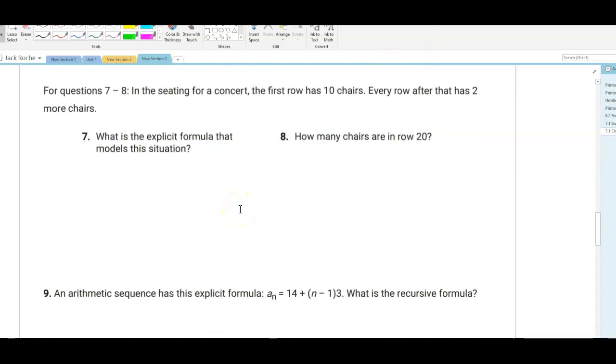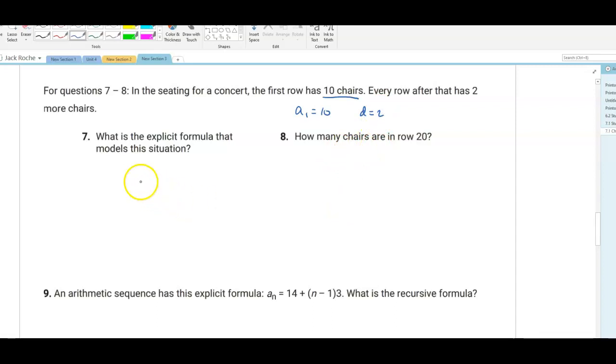So, for questions 7 and 8, all right, in the seating for a concert, the first row has 10 chairs. Every row after has 2 more chairs. So right away, what is my first term going to be? 10. Then every row after that has 2, which means I'm going to add 2 each time, so my common difference is 2.